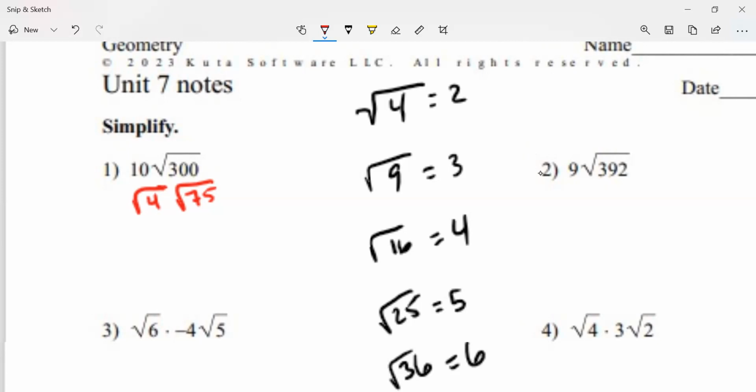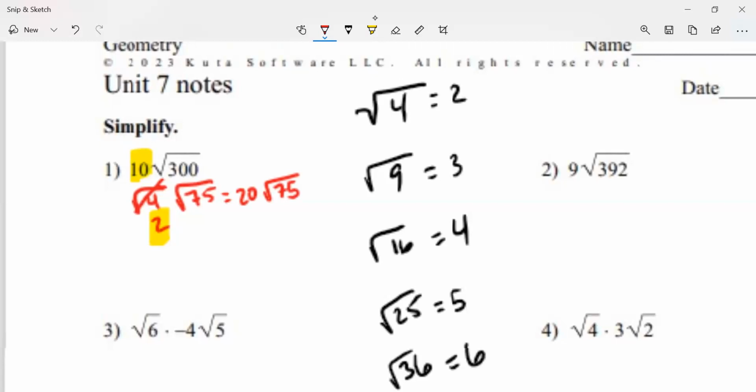I use division just to see if one of my perfect squares matches. Now we know the square root of 4 is 2. So this becomes a whole number. And this whole number, this 2, multiplies with the number on the outside, and this becomes 20 square root of 75.